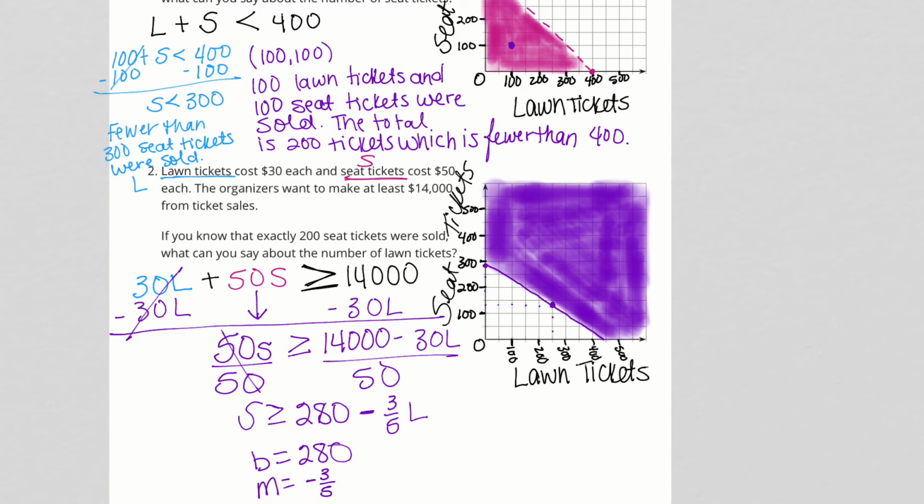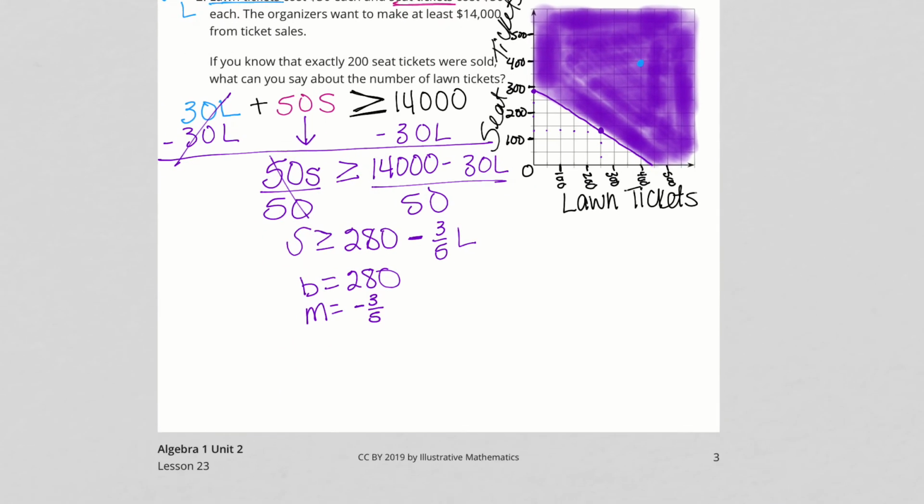Four hundred. That is in your shaded region. So if we pick 400, what does that point mean? What does 400 mean? 400 lawn tickets and 400 seat tickets.